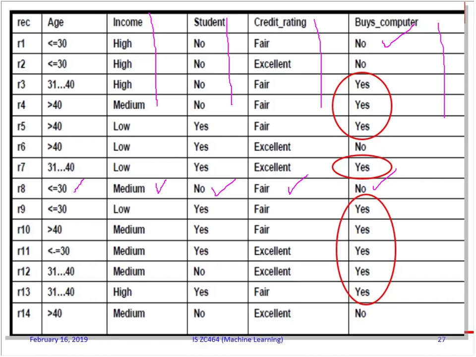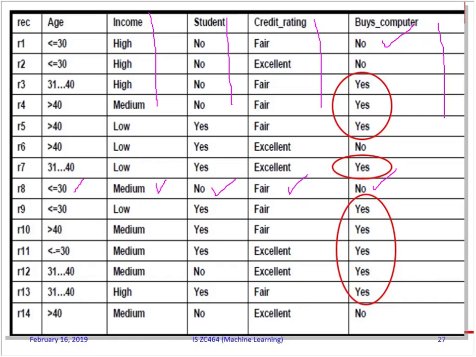Can you correlate your human understanding to judge whether a particular attribute is of more use, whether it is age, income, or the student status of that person? Is this the age? You are always seeing that less than 30 is not buying a computer, but there is one person above 40 also not buying a computer. But most of the time it is less than 30, right? So this is one good observation. Whether the income scale is a predictive attribute.